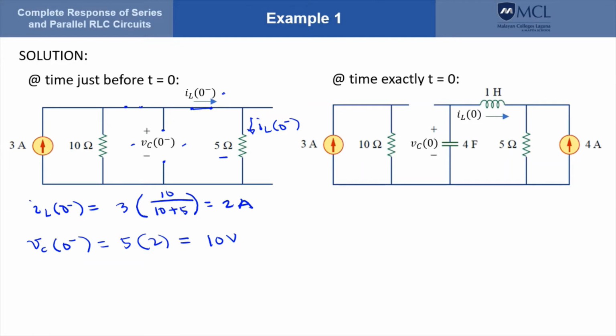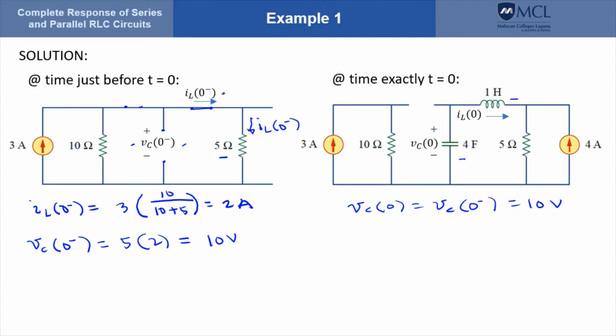Now let's go to time t equals 0. So this is the time that the switch opens. Now, for a capacitor, the voltage cannot change abruptly. So therefore, the voltage at exactly t equals 0 must be equal to the voltage just before t equals 0, and that is 10 volts.